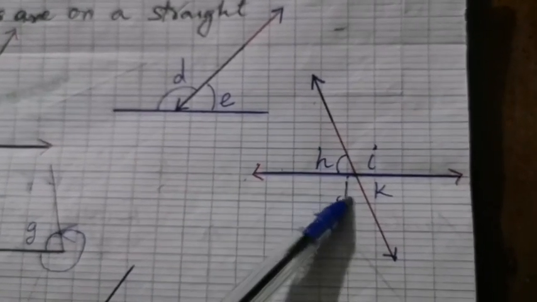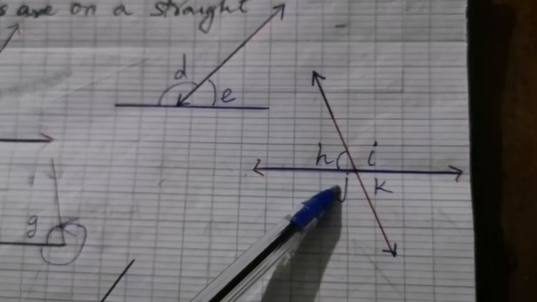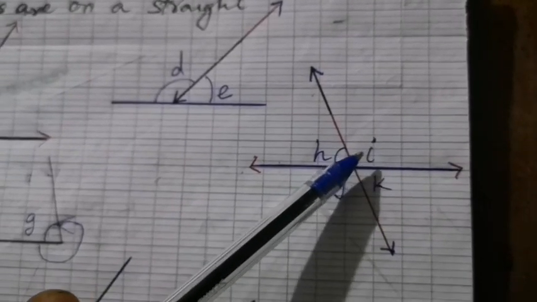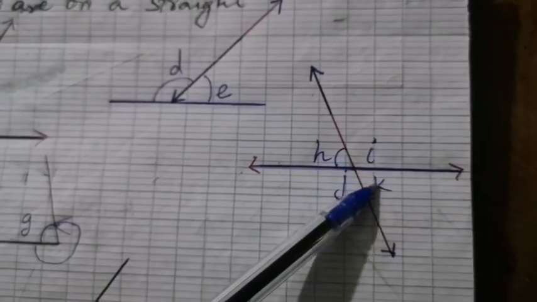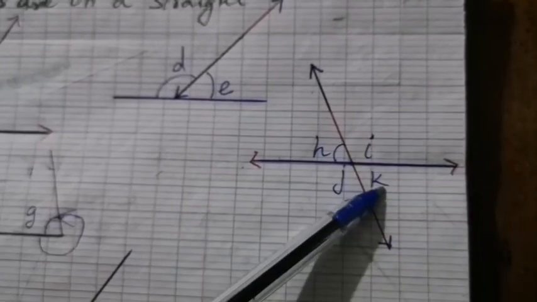So angle H plus angle J is equal to 180 degrees, angles on a straight line. The same thing is applicable to this one. Angle I and angle K are angles on a straight line, so the two of them sum up to 180 degrees.